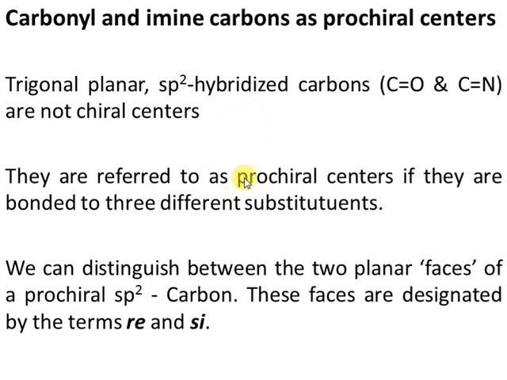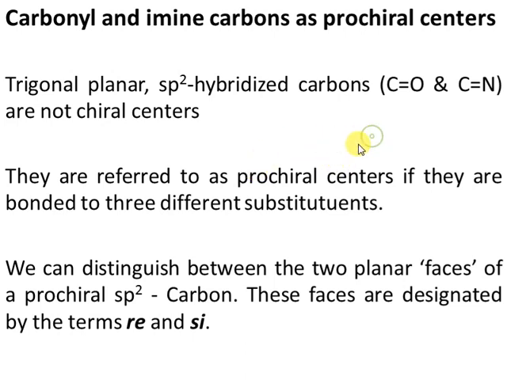So this will become a chiral center, you can see, right? So if the two groups attached to the carbonyl are different, then by bringing another group on this carbon, we convert it into a chiral center. So although it's not a chiral center, it can form a chiral center. Therefore, the carbonyl carbon is considered a prochiral center.